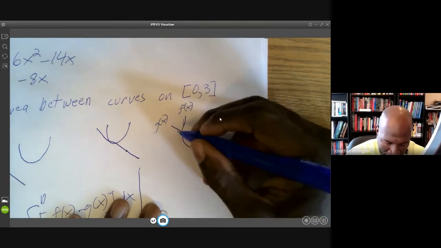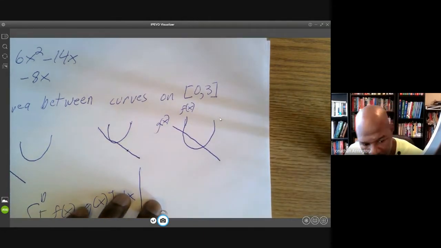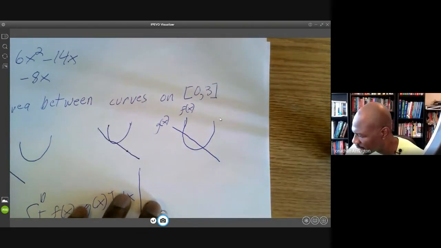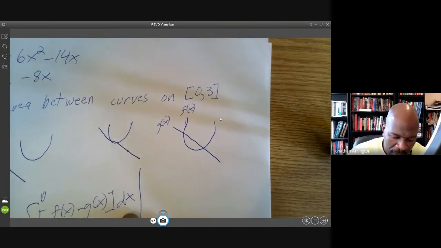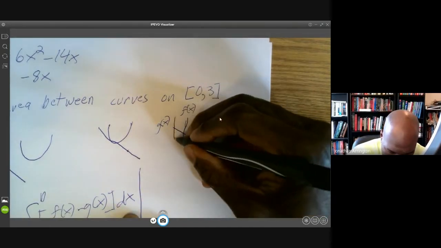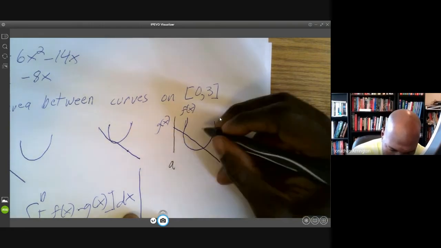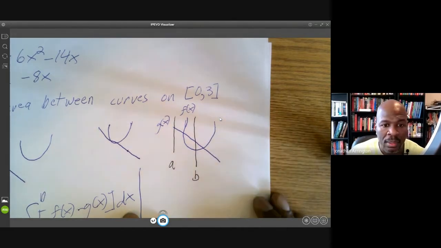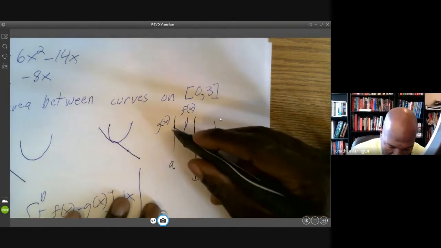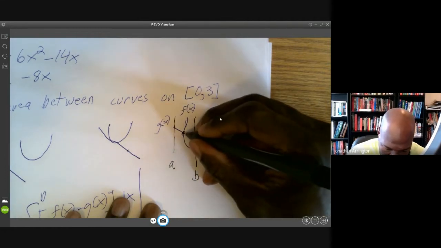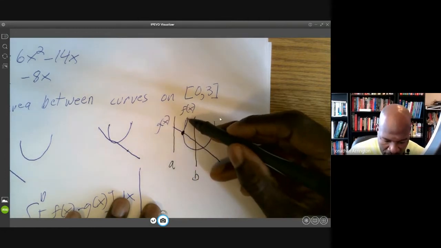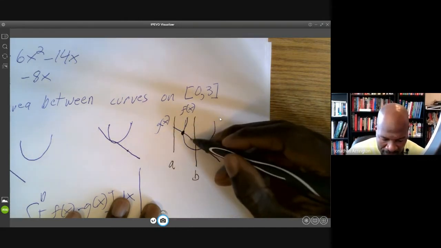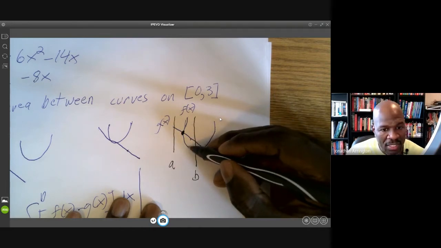So let's just say that the interval a to b, and let's say this is a here, and this is b there. So from here to this point of intersection, f is on top and g is on bottom. But look what happens after they intersect. Now g is on top and f is on bottom.